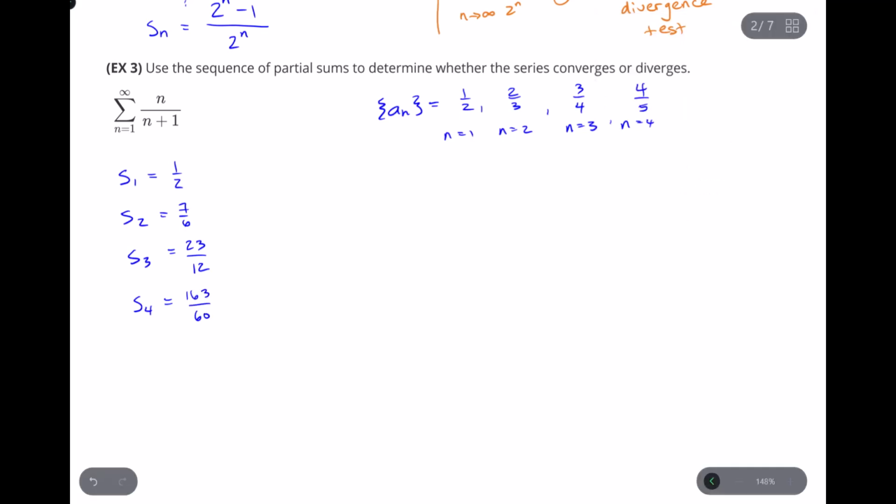Okay, so it's harder here to tell what the pattern is, and to be honest, I don't really even see one myself, so maybe decimals will be a little bit more revealing.